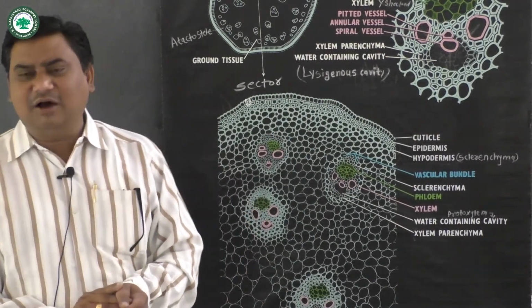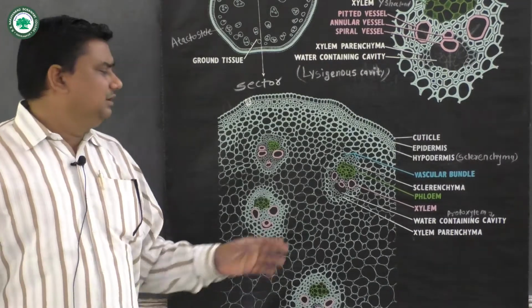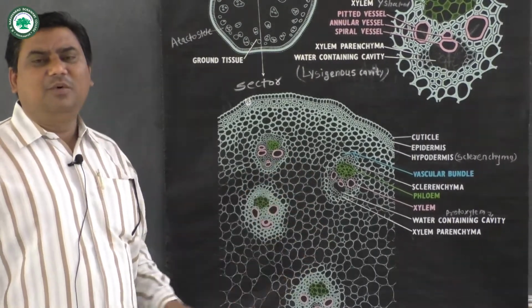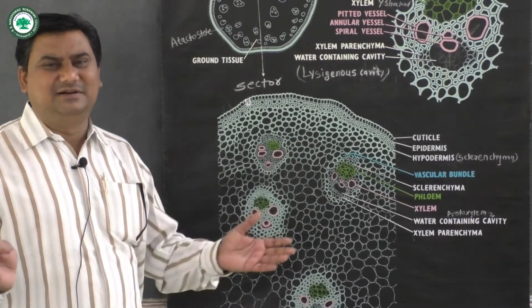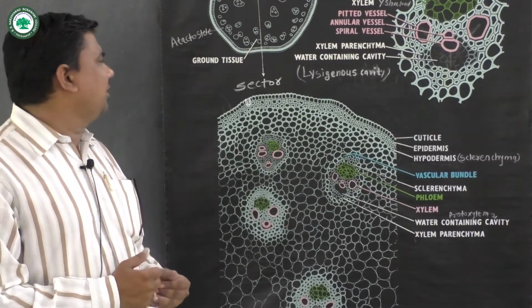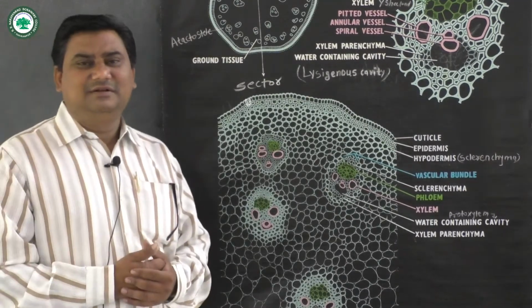Then distribution of the vascular bundle. In the monocot stem, vascular bundles are scattered, so we call it the atactostele.